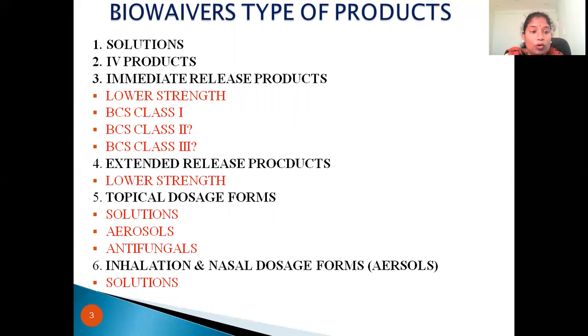So the main biowaiver guideline is to reduce the risk of bioinequivalence to an acceptable level. That is the main goal.